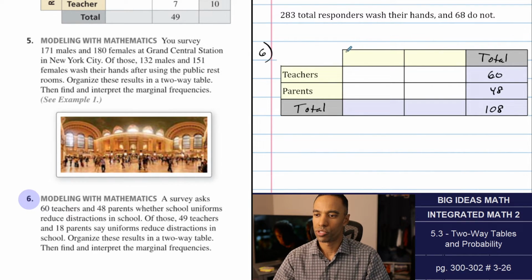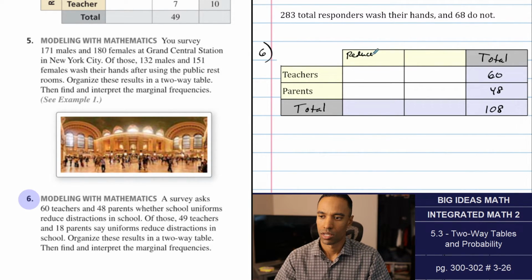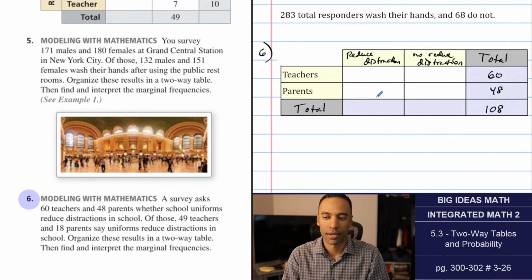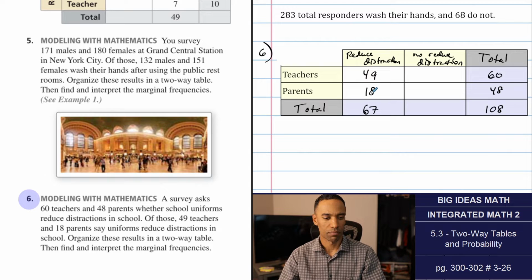All right, reduce distraction. 49 teachers and 18 parents say they reduce distraction. That's a total of 67. I'm kind of coming up with things as we can get them. And get the rest. That means 11 teachers say it doesn't reduce distraction.